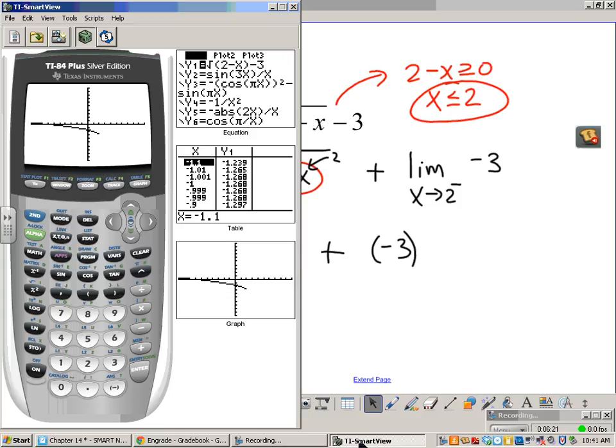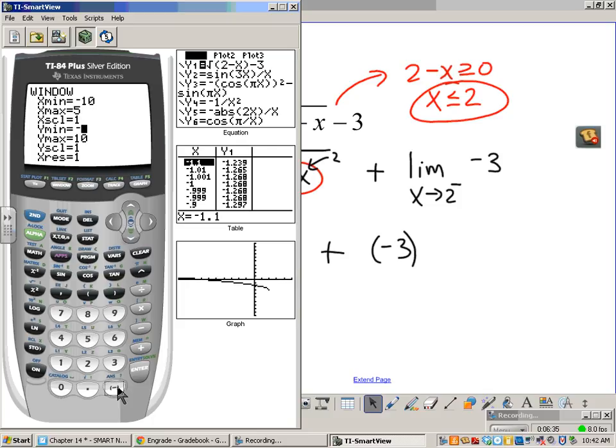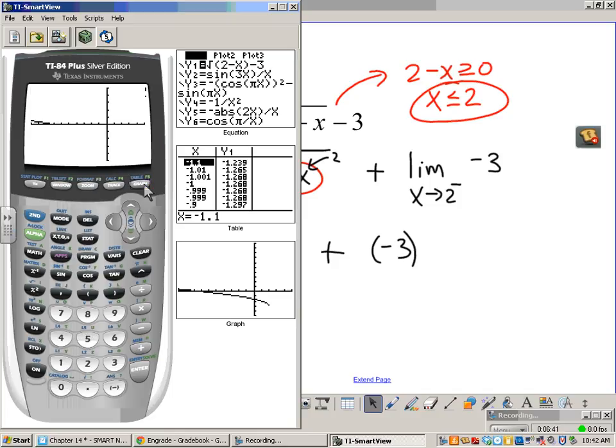So let's adjust the window. Since the domain is limited, we can make x min -5 and x max +5, and look at the graph now, and you get a better graph there.